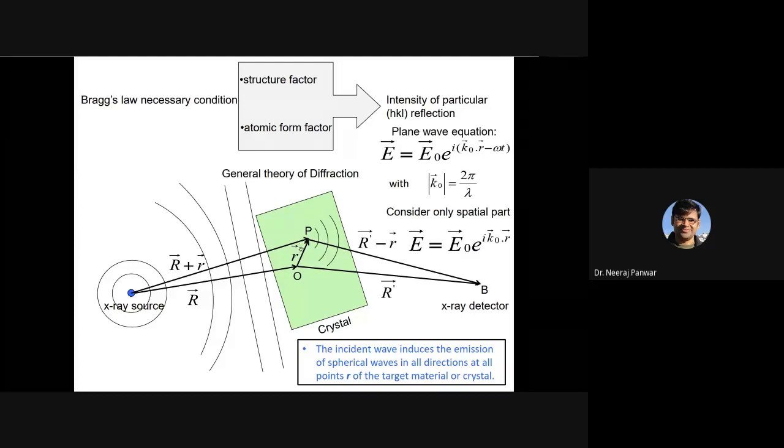We consider only one scatterer that is located at position vector r with respect to the origin, and then this scatterer again emits X-rays, and they are spherical in nature. And these are the plane waves for which we have written this equation. The incident wave induces the emission of spherical waves in all directions at all points r of the target material of the crystal.